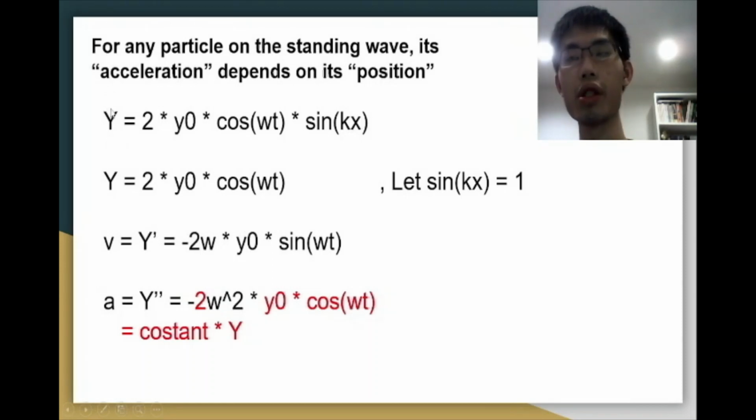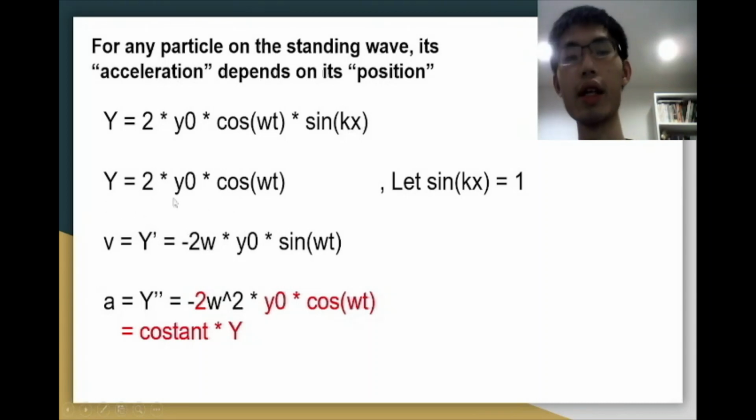The capital Y denotes the particle's position, and capital Y equals 2 times y0, which means the initial position of the particle, times cosine omega t times sine kx. And we notice that the sine kx is actually an initial position term. So if we want to focus on only one particle, we will let this term be a particular number, for example 1. So we get Y equals 2 times y0 times cosine omega t.